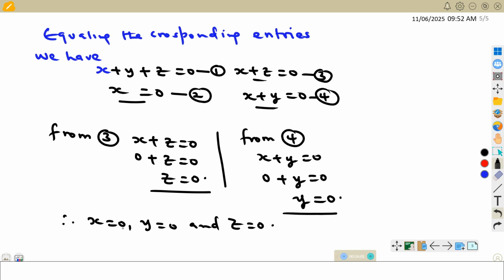So if you get the scalars x equaling to 0, y equaling to 0, and z equaling to 0, what does that one mean?